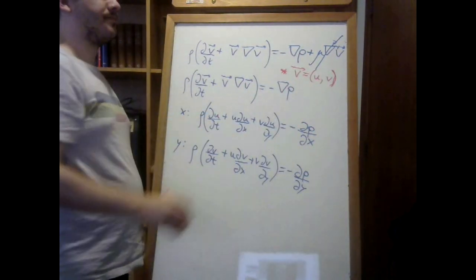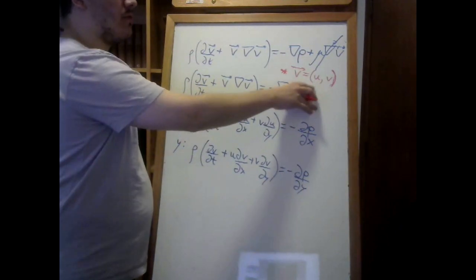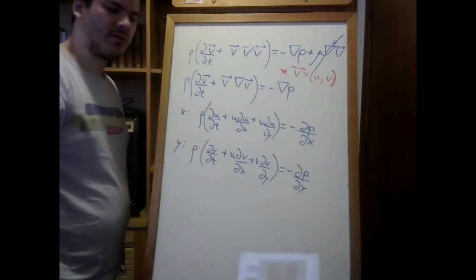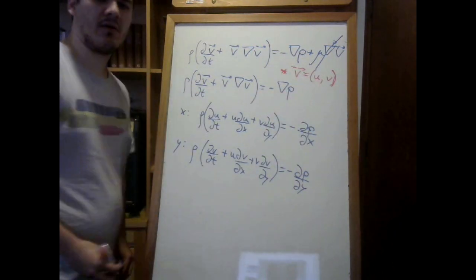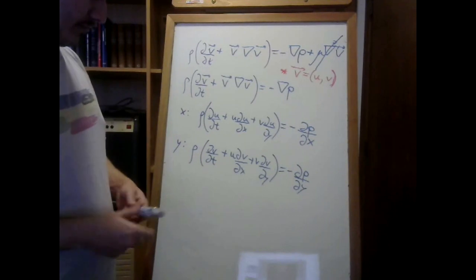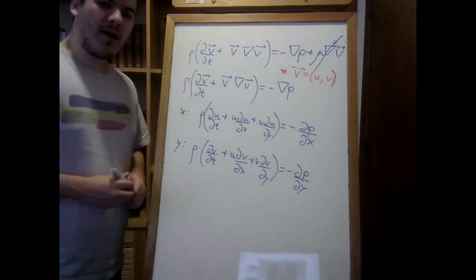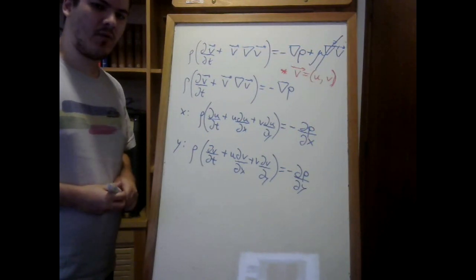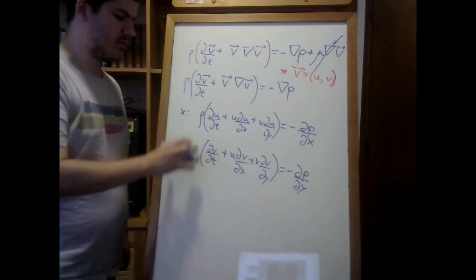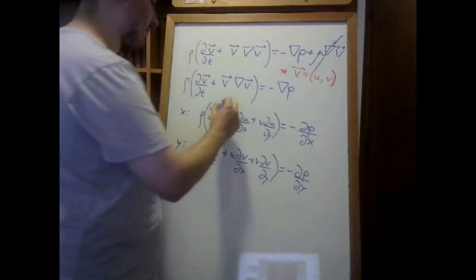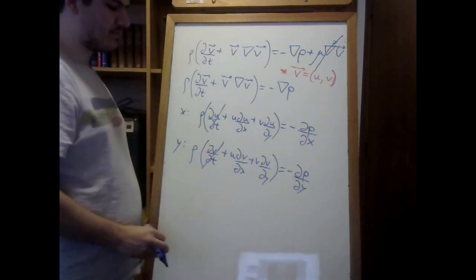This u is the component of velocity in the x direction, and v is the component of velocity in the y direction. You can derive an unsteady Bernoulli equation, but for now we're just going to assume that our flow is steady, so this term here vanishes.